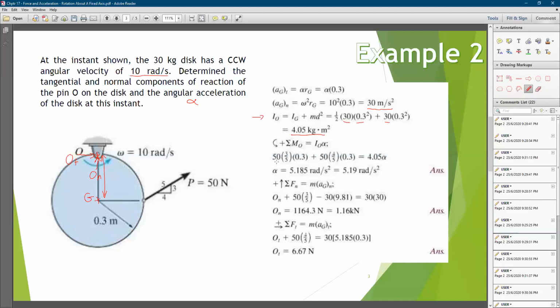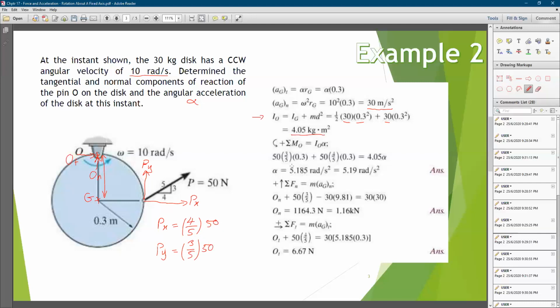Looking at each component of P, there is Px and Py, where Px is equal to 4 over 5 times 50 Newton, and Py is equal to 3 over 5 times 50 Newton.